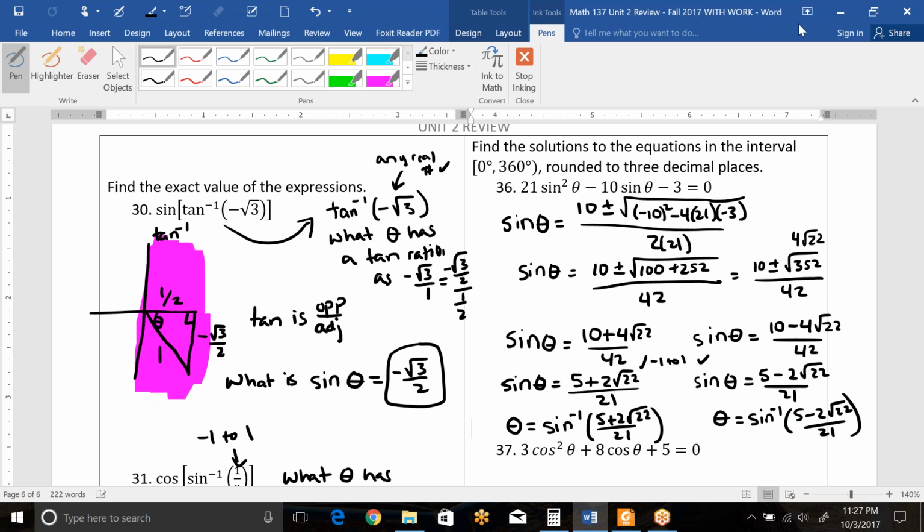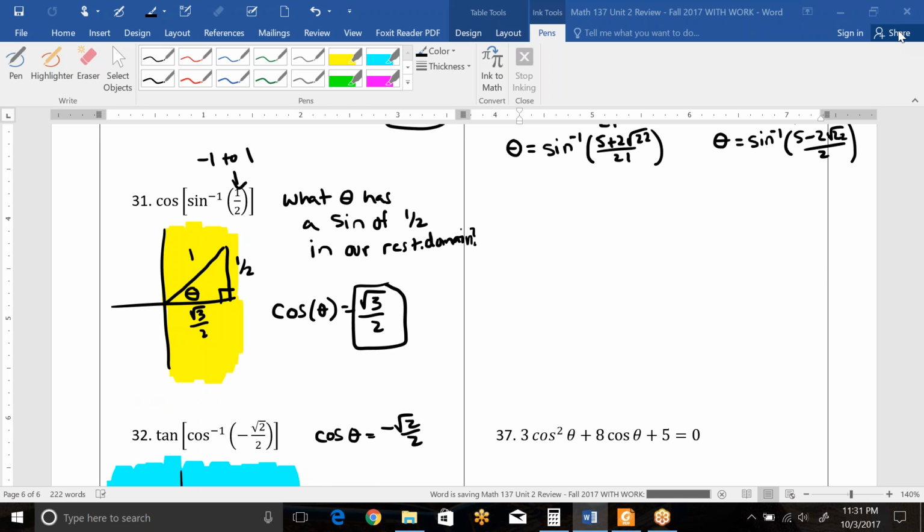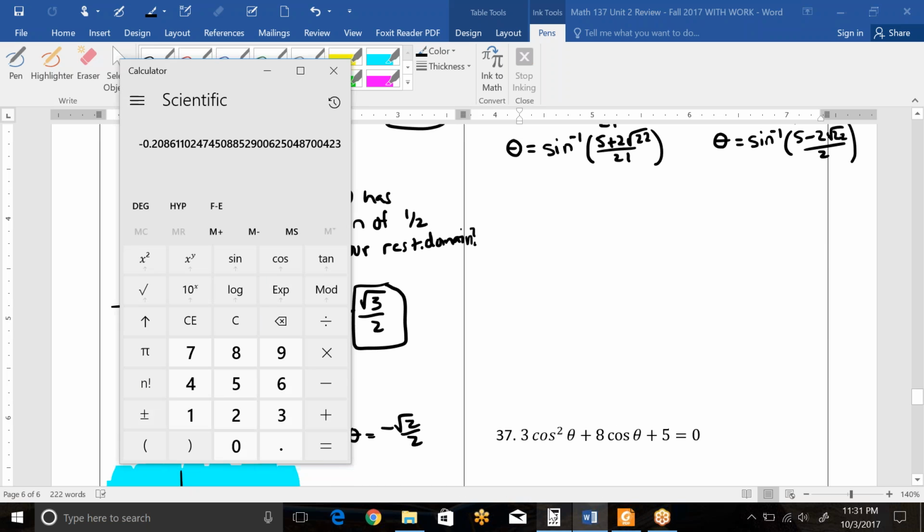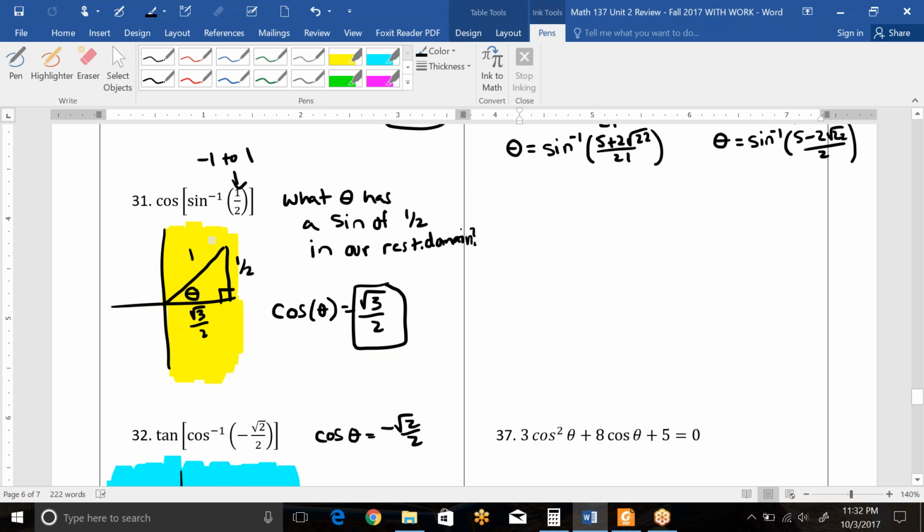Give me a second, I'm going to pause this and give myself some more room to write. All right, we're going to use our calculator to do the inverse here. Let's start with the first one: 5 plus 2 times the square root of 22, divided by 21. Notice I didn't clear anything. Remember, we want to be in radians or degrees. Let's see, which one did they ask for? It's always better to read your directions because sometimes they want degrees.